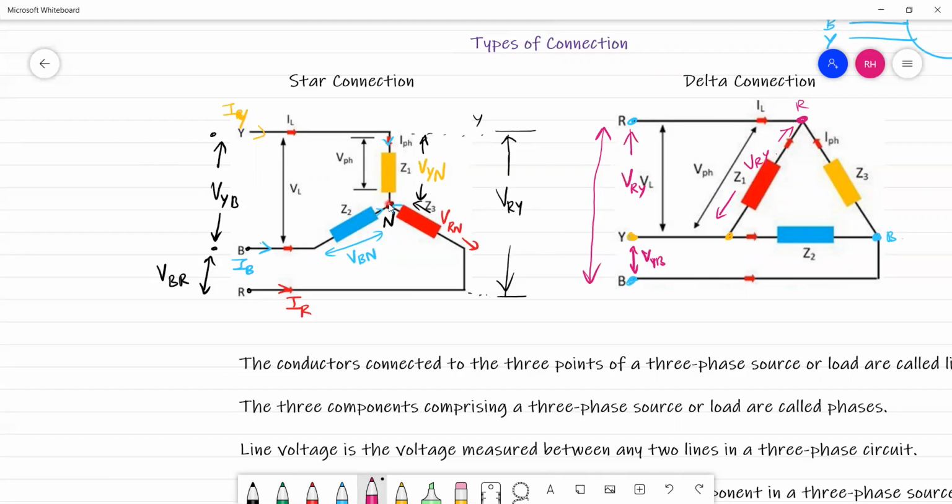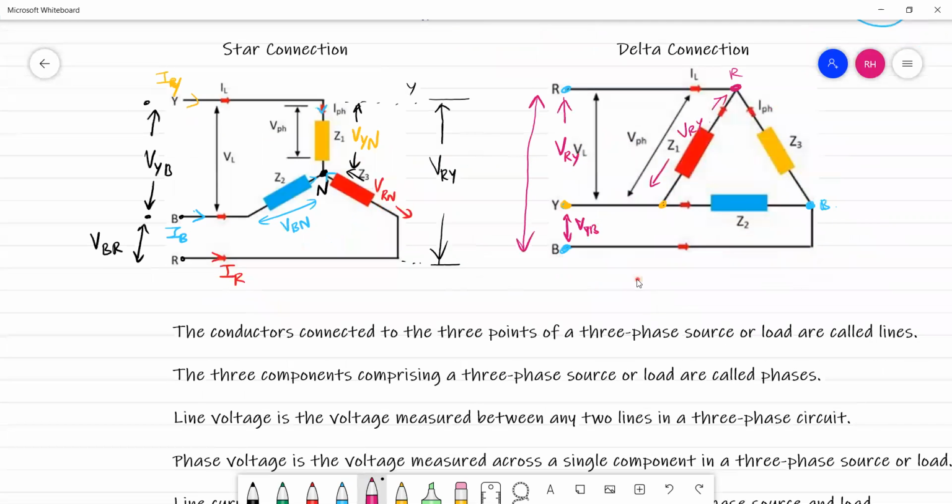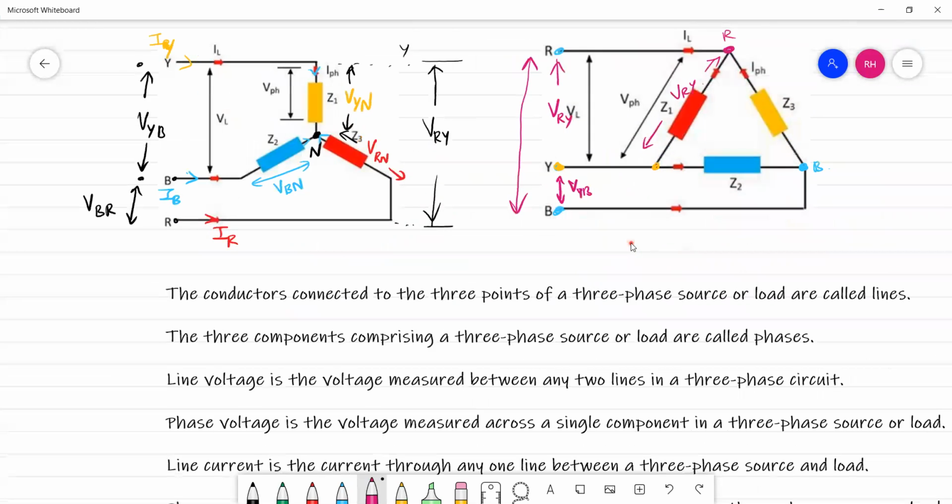So in star connection, you have one common point for all the components of the three phases, and you call that the neutral. Whereas in delta connection, you don't have a common point and the components are connected end to end. And as they are connected end to end, you don't have a neutral at all. So that's about a star connection and delta connection.